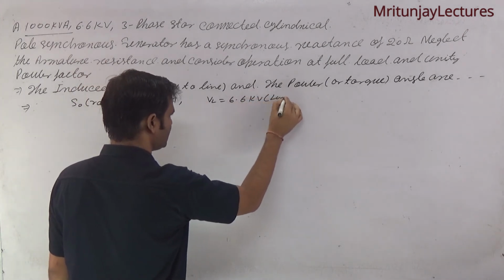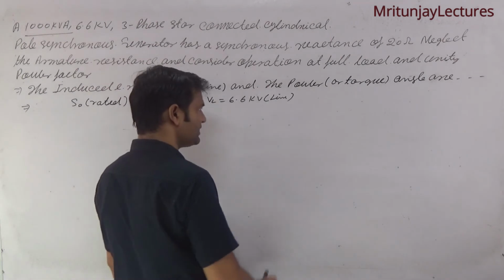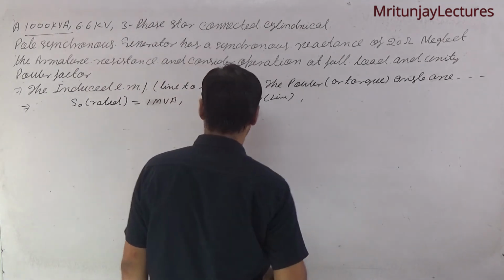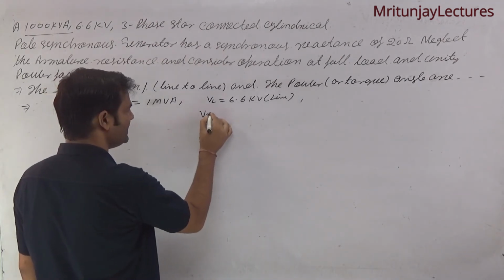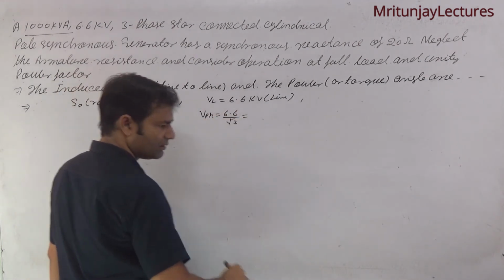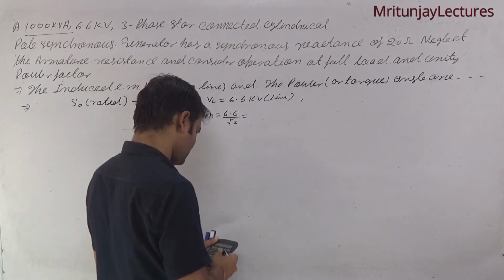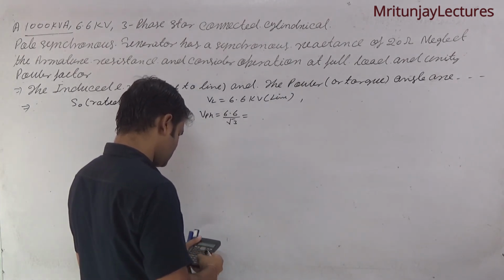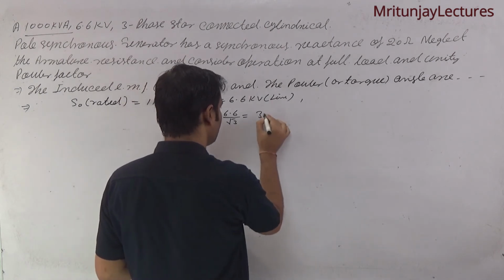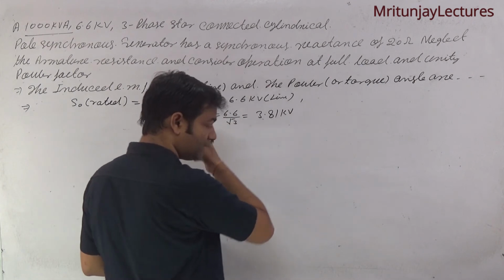Star connected means per phase VPH will equal 6.6 divided by root 3, that is 3.81 kilovolt.